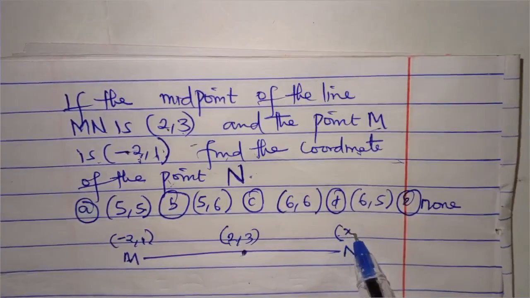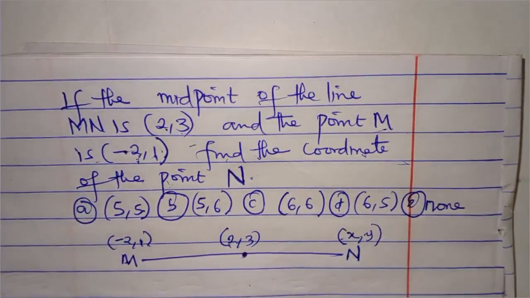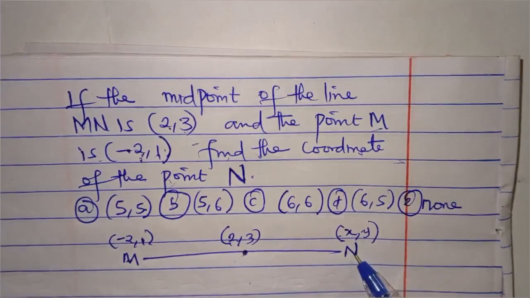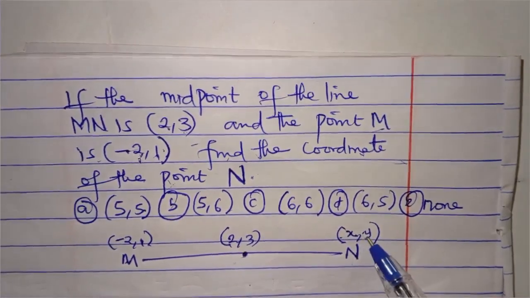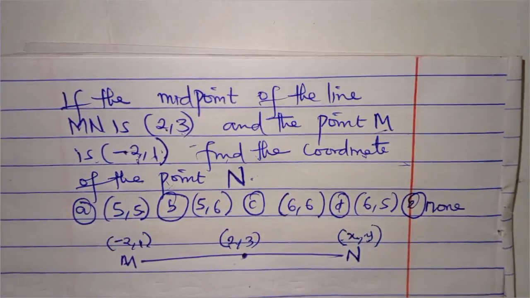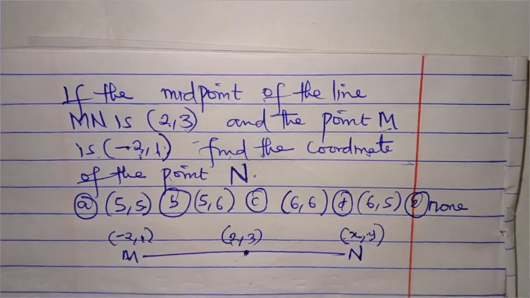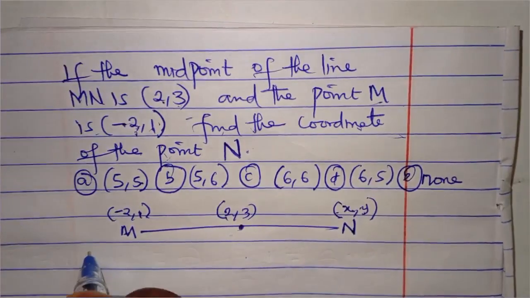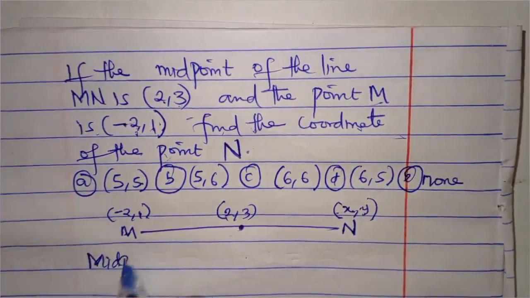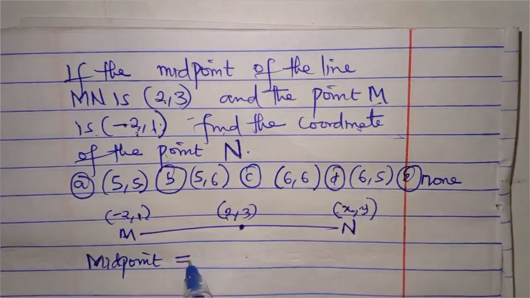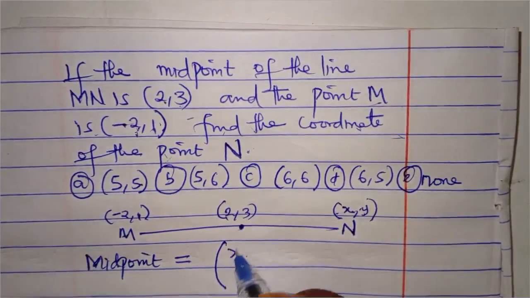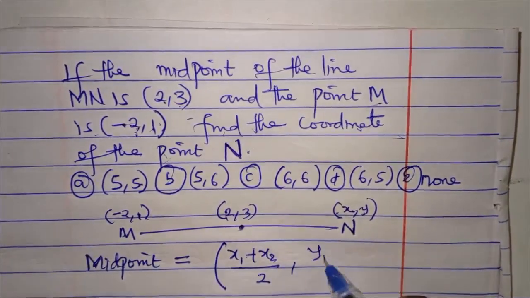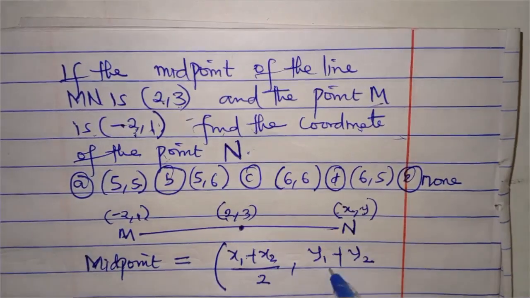Let's call it x, y. So we have to look for the coordinate of point N. So we just said let it be x, y. The formula for the midpoint of a line segment is this. The midpoint is x1 plus x2 all over 2, y1 plus y2 all over 2.